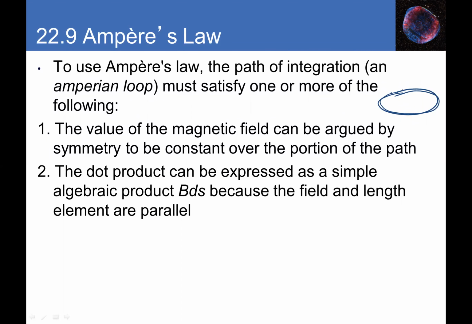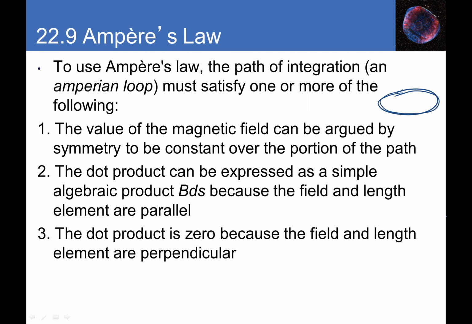The dot product can be expressed as a simple algebraic product B ds, because remember, B dot ds is equal to B ds cosine theta. If they're parallel, theta is 0, so this is equal to B ds. Another case is that the dot product is 0 because the field and length elements are perpendicular.